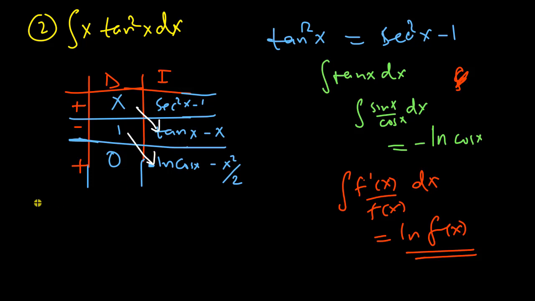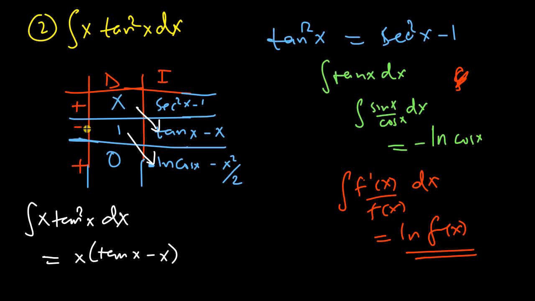So the integral of x tan squared x dx is going to be x times this, so x tan x minus x, then minus 1 into the negative natural log of cos x minus x squared over 2, plus a constant of integration, obviously.